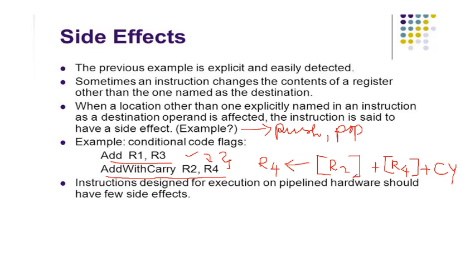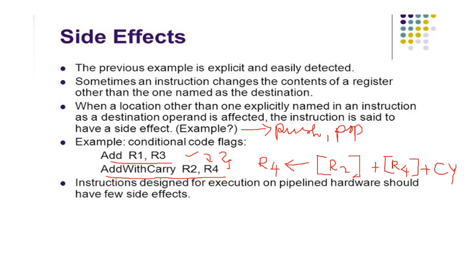Instructions that have side effects giving rise to multiple data dependencies lead to a substantial increase in the complexity of the hardware or software needed to resolve them. For this reason, instructions designed for execution on pipeline hardware should have few side effects. Ideally, only the content of the destination location, either a register or a memory location, should be affected by any given instruction.